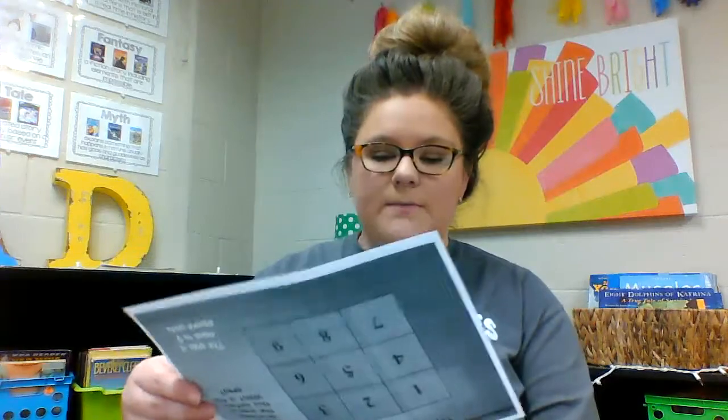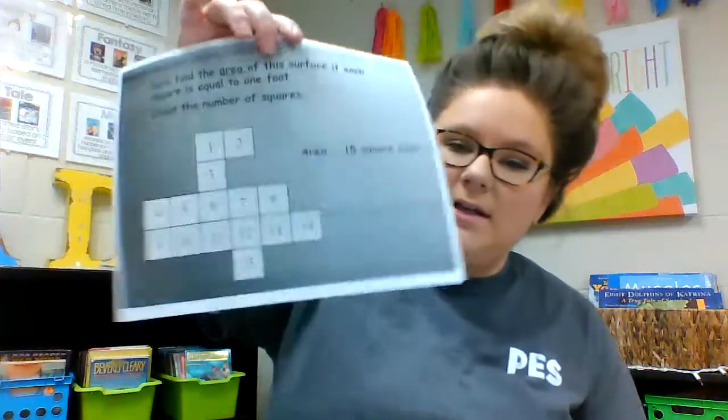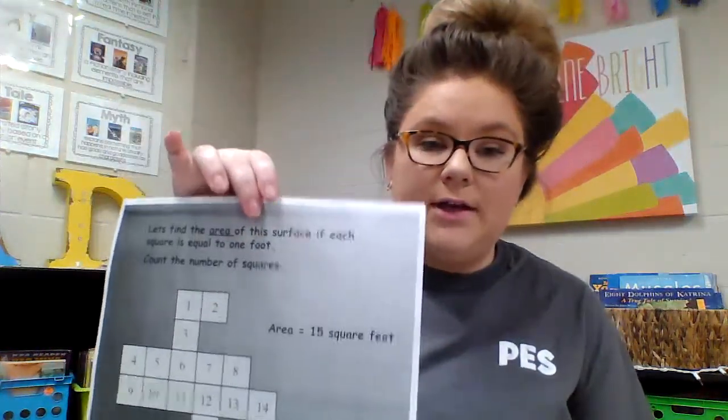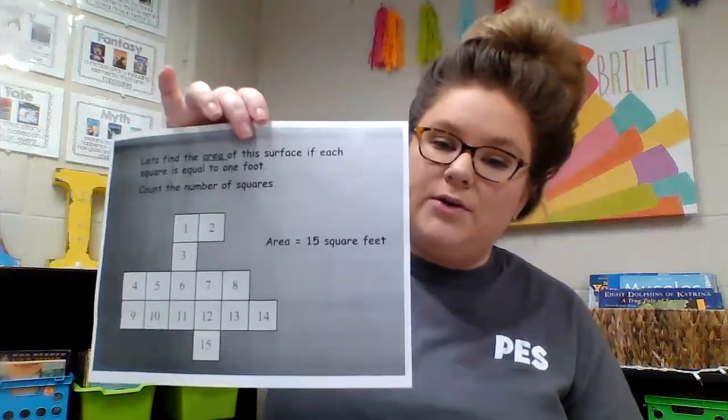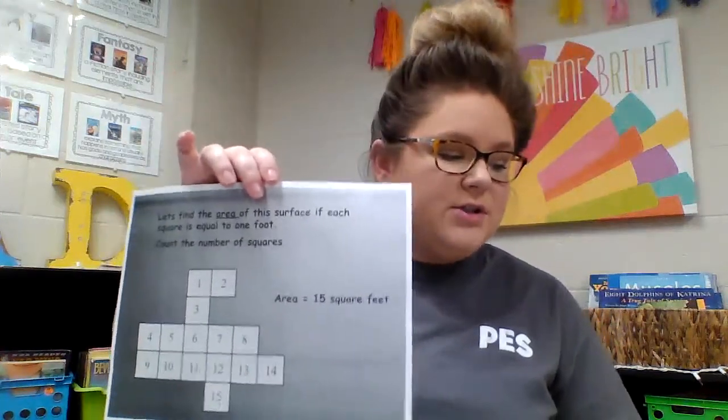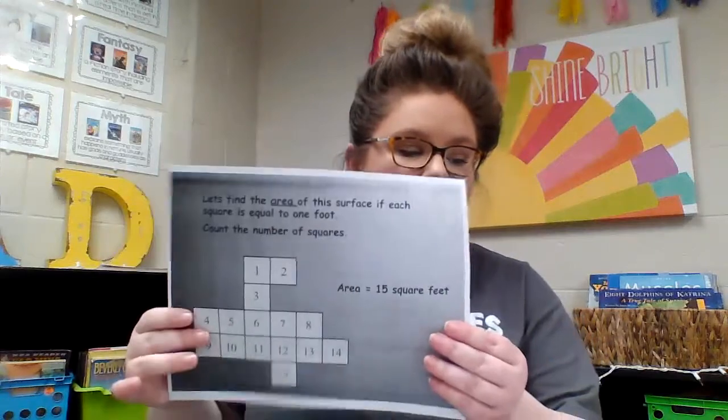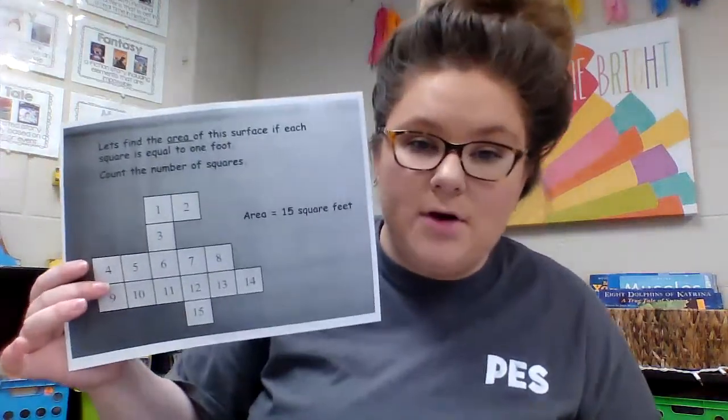So I have an example here of how we would determine the area of a set of shapes. You're going to get these odd looking area models in these little square units. In order to determine area, we are going to count the number of squares.